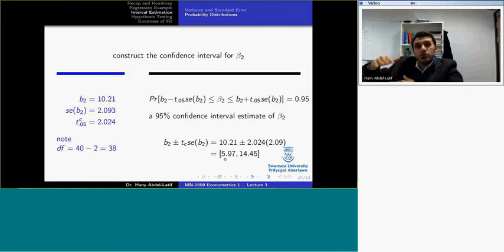So we're 95% sure that the true value of the parameter will lie within this interval or these two points. And in that way, we can judge how reliable our estimates of beta 1 and beta 2 are. Of course I've done the confidence interval here only for beta 2, but in a similar way you can construct the confidence interval for beta 1.